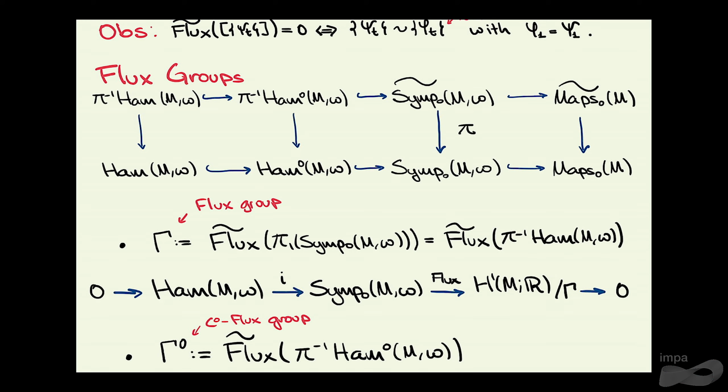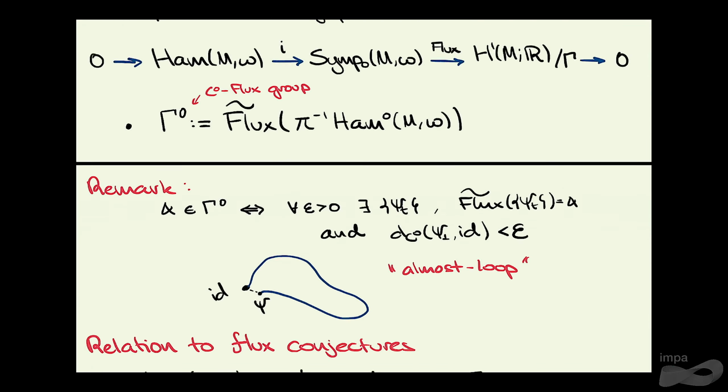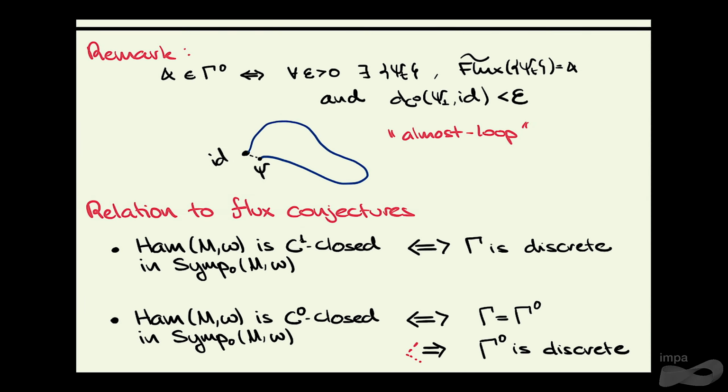But okay, these are not loops, but they can be represented by what we informally call almost loops. So what I mean here is that elements in the C0 flux group can be seen as the flux of a path of symplectic diffeomorphisms whose endpoint is arbitrarily C0 close to the identity.